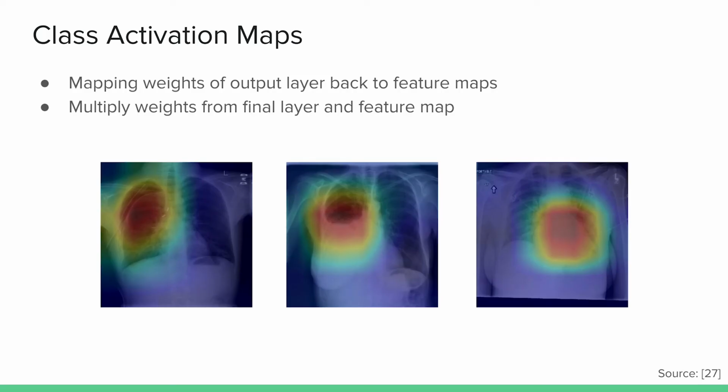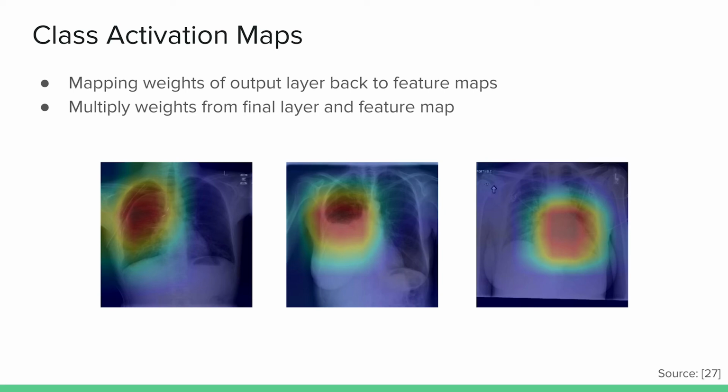Another very powerful method of exploring your data and exploring your network is by so-called class activation maps. The idea is that we map the weights of our output layer back to our feature maps. So we can have an image and we feed it through our network, and that obviously results in certain features being computed before the final stage that performs an operation.